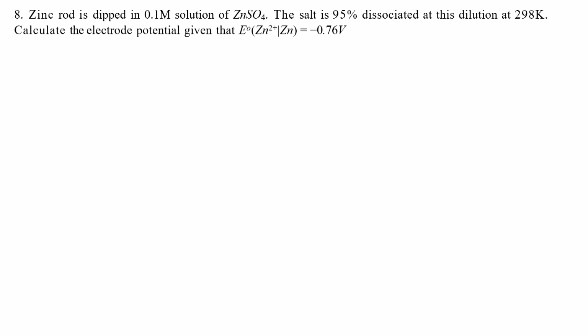So, the electrode reaction can be represented as Zn 2 plus plus 2 electrons gives Zn solid.